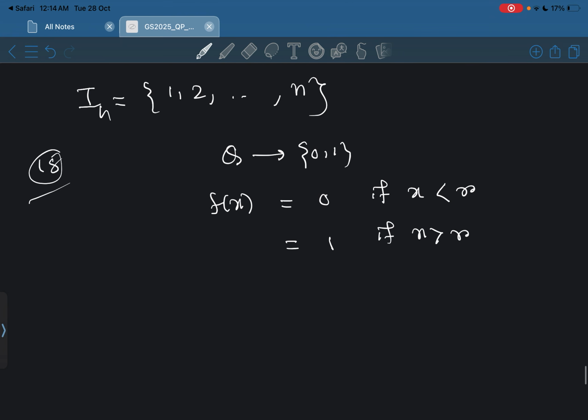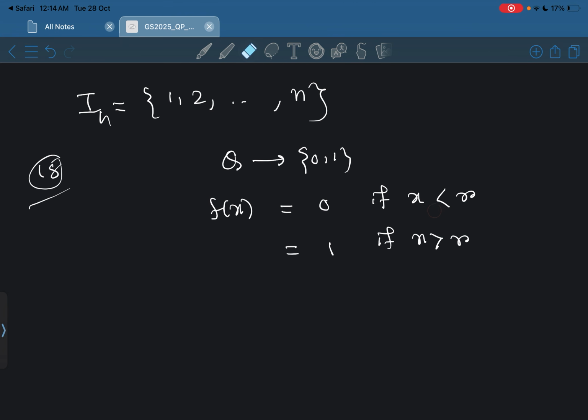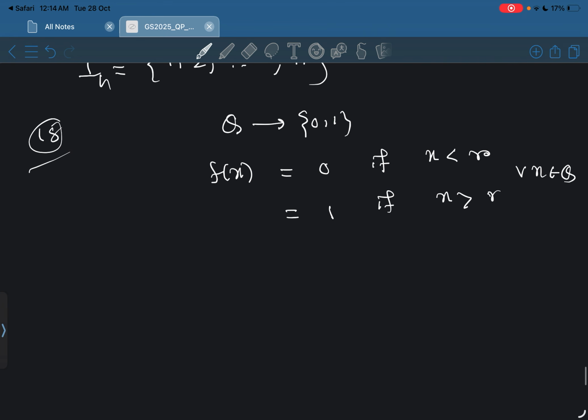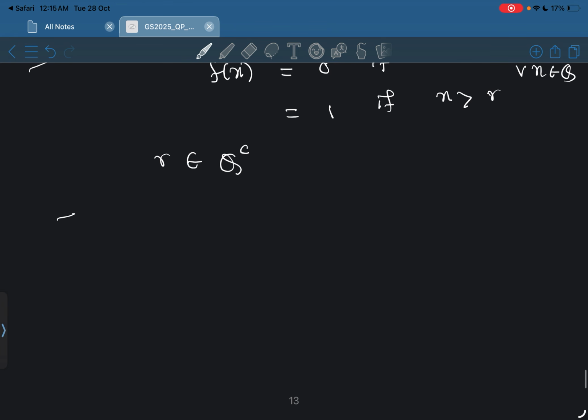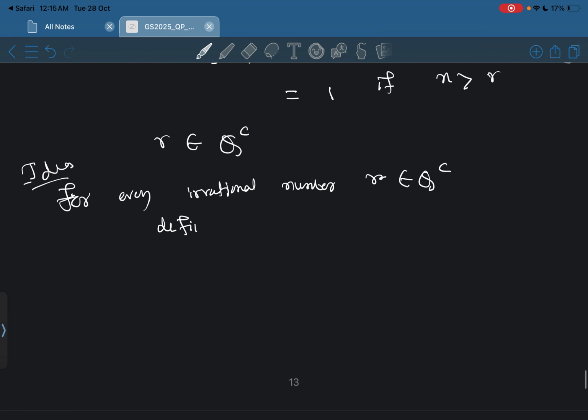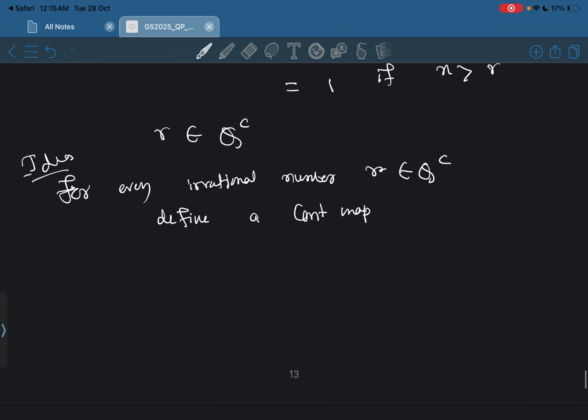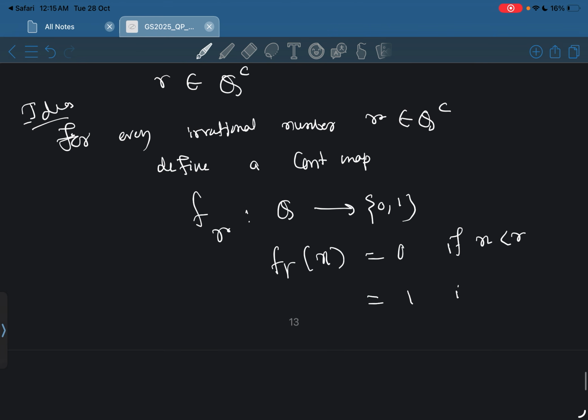I should not write greater than or equal to, I should write x less than r, x greater than r, for all x in Q, because it is defined over Q, where r belongs to the irrational numbers. So for every irrational number r in Q complement, define a continuous map, say fr from Q to {0, 1}, where fr of x is 0 if x is less than r, and 1 if x is greater than r.